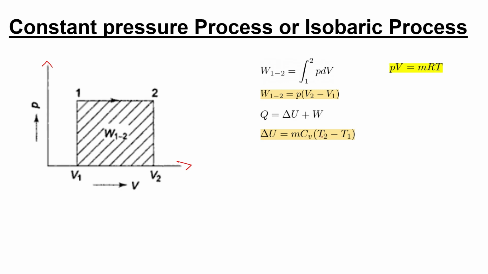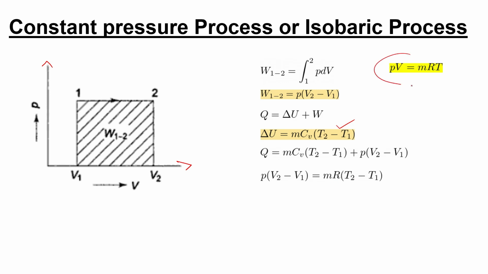So delta U, we have already seen the expression for the change in internal energy, is mCv into T2 minus T1. So Q can be found using this expression, that is mCv into T2 minus T1 plus P into V2 minus V1. Okay. And P into V2 minus V1 can be written as mR into T2 minus T1, because this is an ideal gas.